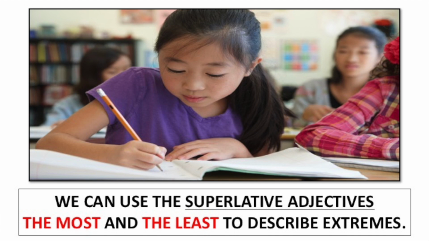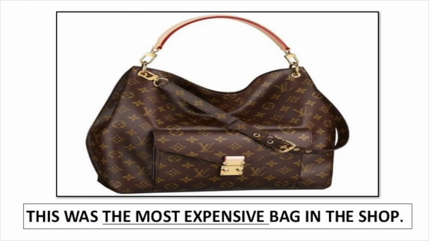We don't say less than, we say the least. For example, this was the most expensive bag in the shop. Yes, out of all of the different bags in the shop, this one cost the most money. So we say the most expensive.